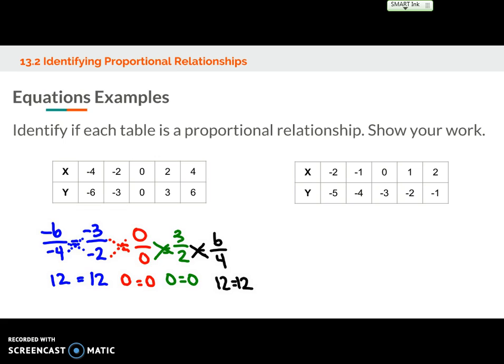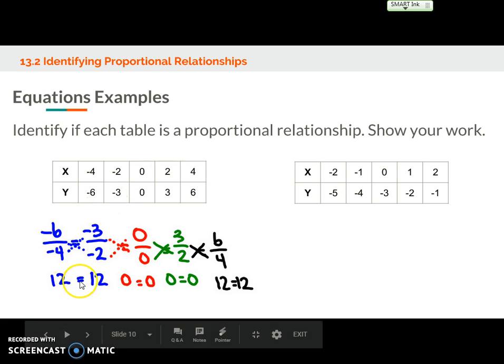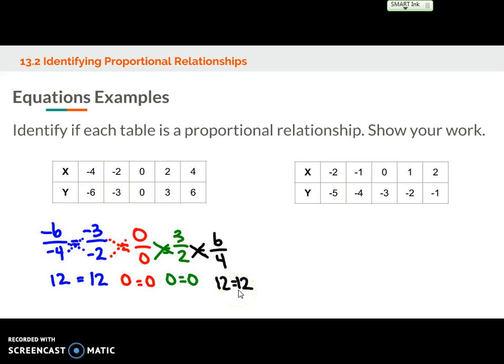Because I kept getting them equal to each other, you have to keep going. You have to look at all of them. So because these matched, 12 equals 12, 0 equals 0, these were all true statements, then I can stop, right? They are all proportional to one another. So yes, this is proportional.